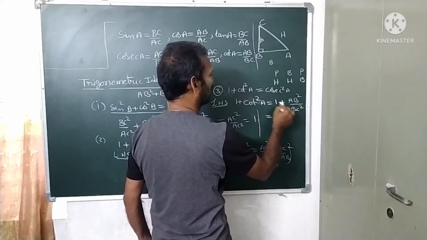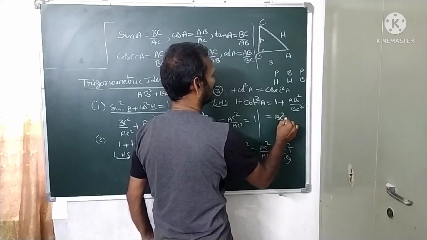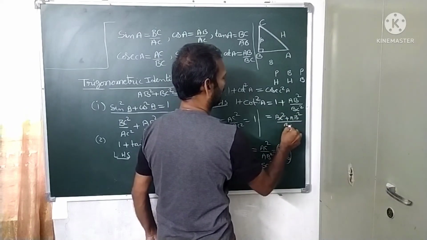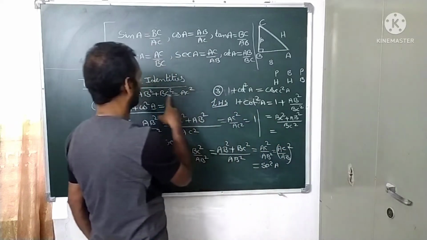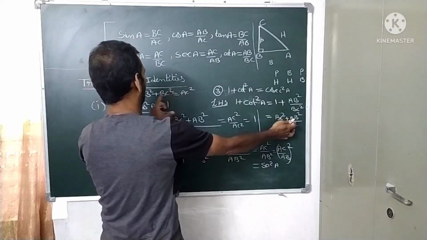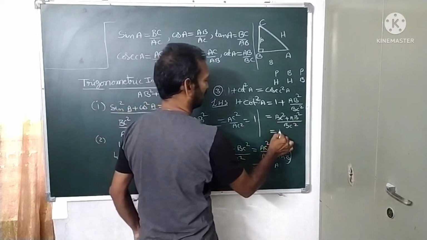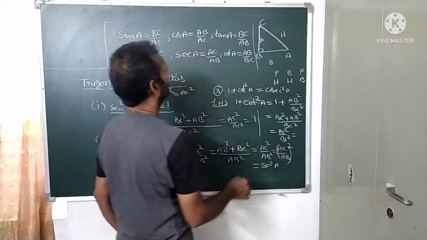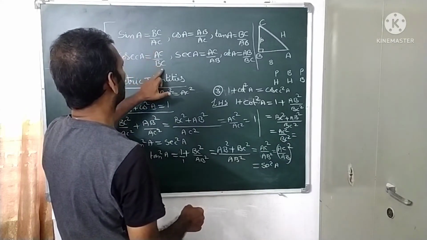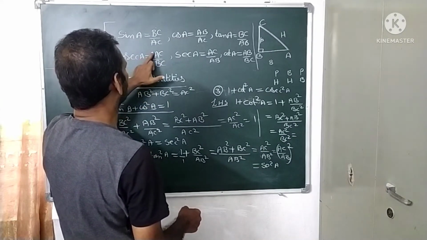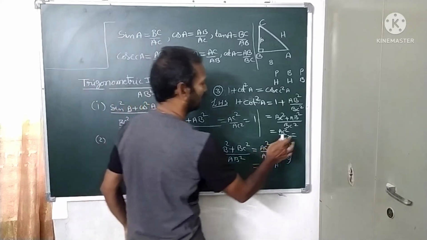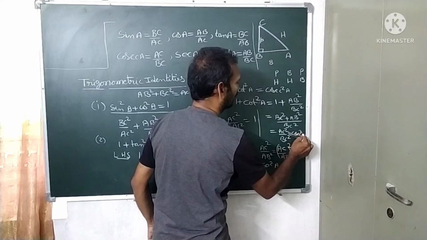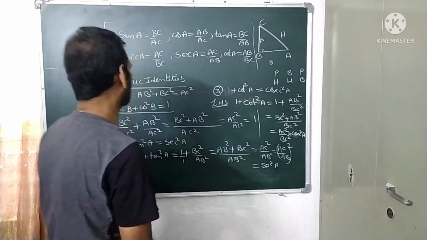So BC square plus AB square by BC square. BC square plus AB square means what? AC square. So AC square by BC square. AC square by BC square is equal to what? Cosecant square A.